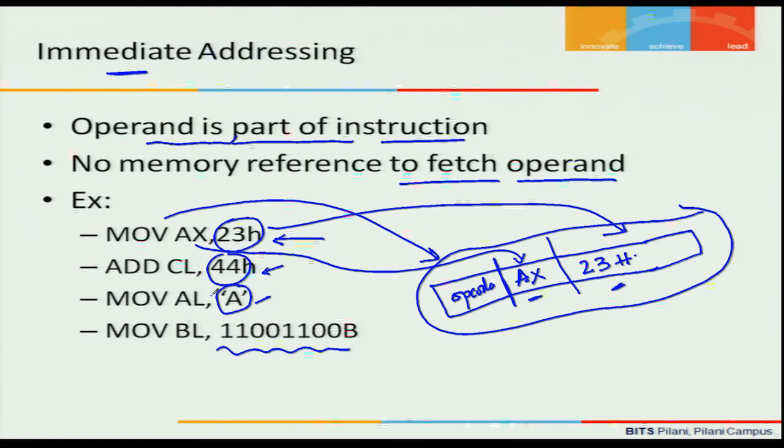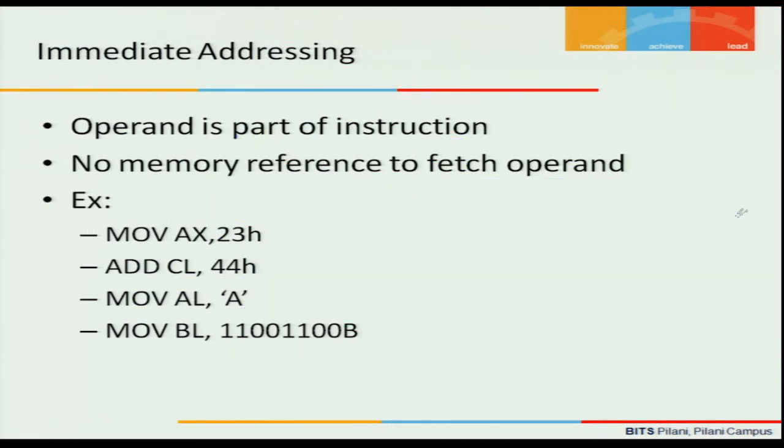Hence the execution of the instruction would not require any separate memory reference, and hence it would be faster. So this is the second addressing mode, which is the immediate addressing mode. The first was the register addressing, which we have already seen, and this is the second addressing mode.